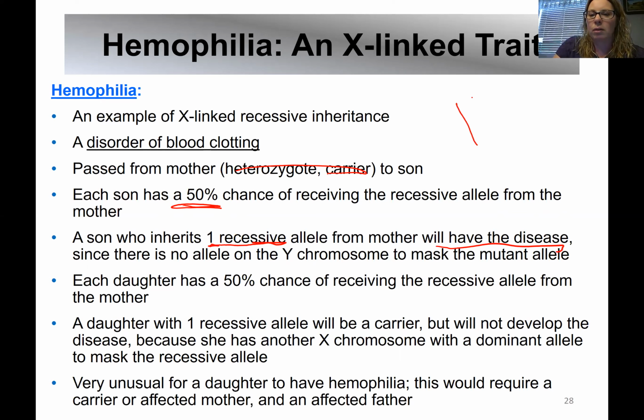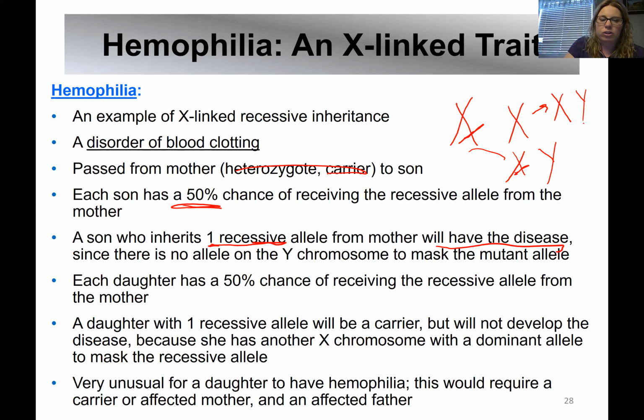Say mom is a carrier, she has the allele there. The son will have a Y. If he happens to get this one that carries the allele, he will have hemophilia. If he gets this one here, he will not. So it's a 50-50 shot.